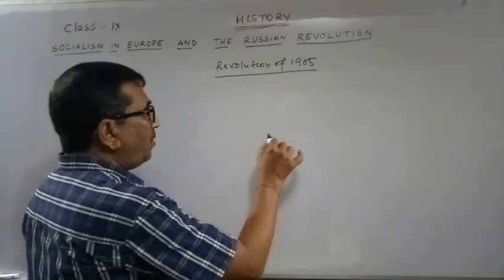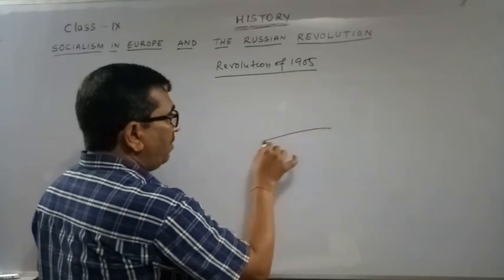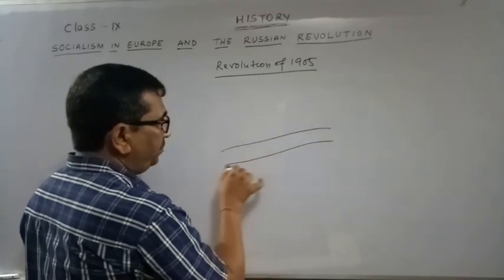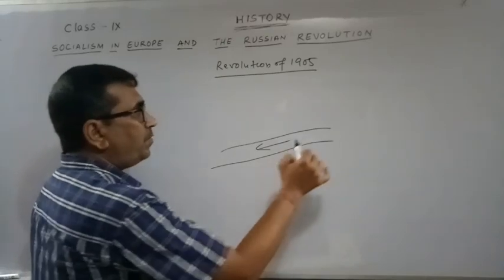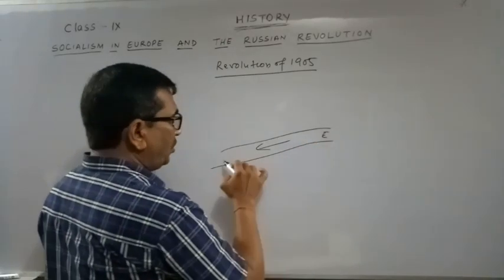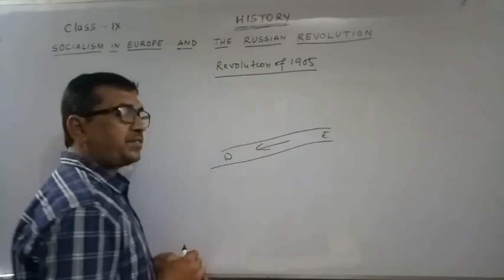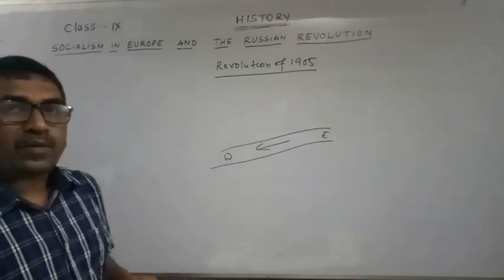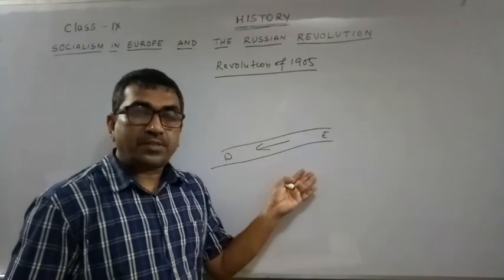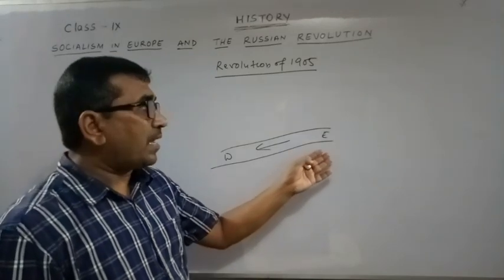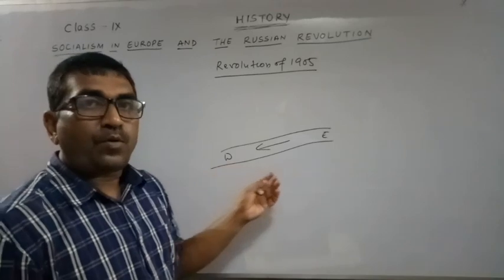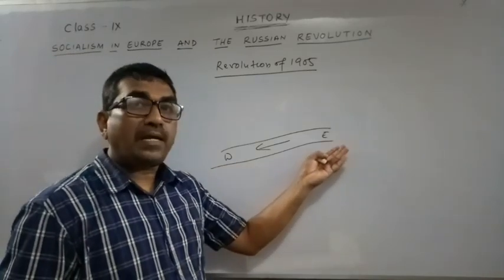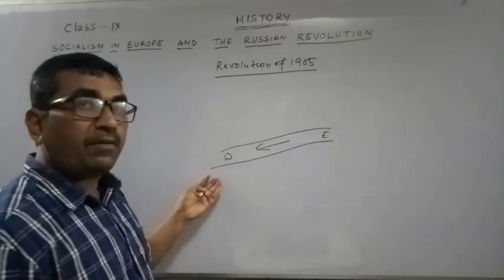St. Petersburg's Neva River flows, I have given you the direction, from east to west. It is not a very long river, from Lake Ladoga to the Neva Bay.